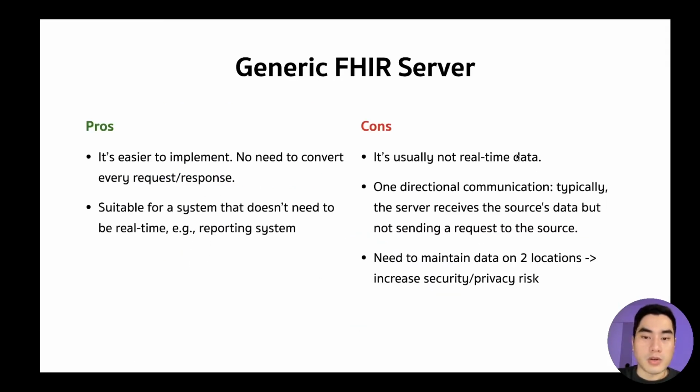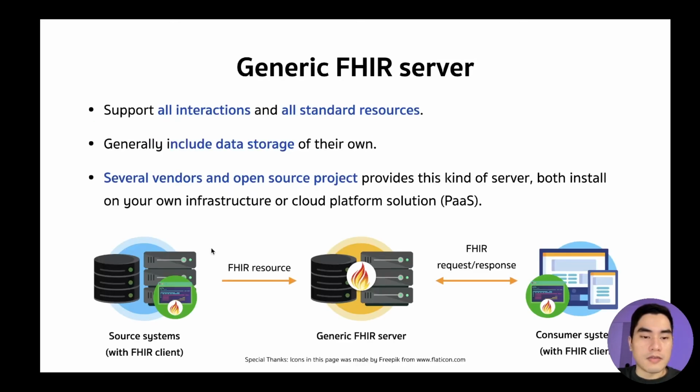It's not real-time data, and normally it's quite one directional. That is, the client pulls from here and then pushes the data to here. So suppose we have another system that wants to send data here.